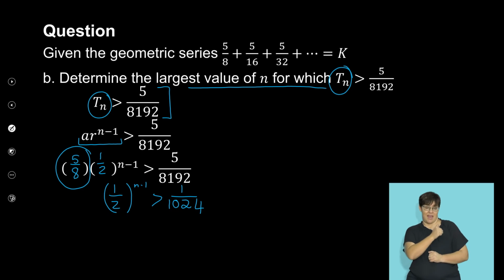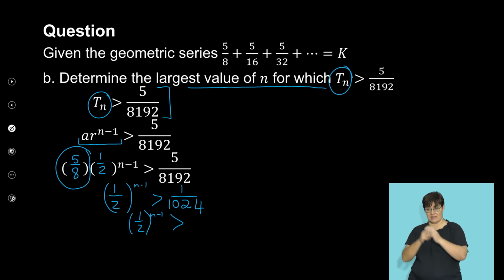1024. Luckily, if I am aware of how to use prime bases, I know that 1024 is 2 to the power of 10. So 1 over 1024 is the same thing as a half to the power of 10, which is wonderful because I like to be able to get the same bases in exponential equations because then I can drop them.